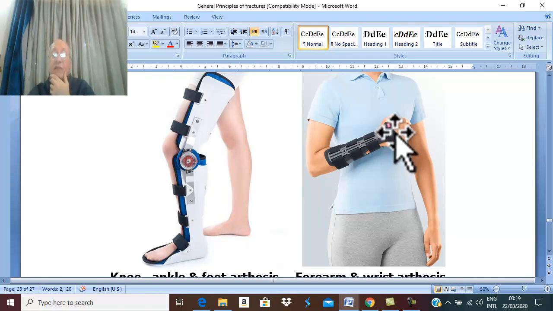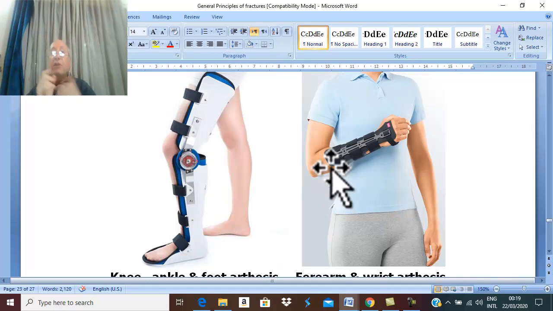After removal of the method of fixation, removal of orthosis or plaster cast, continuous exercise for the joints which were fixed in the plaster cast or in orthosis.